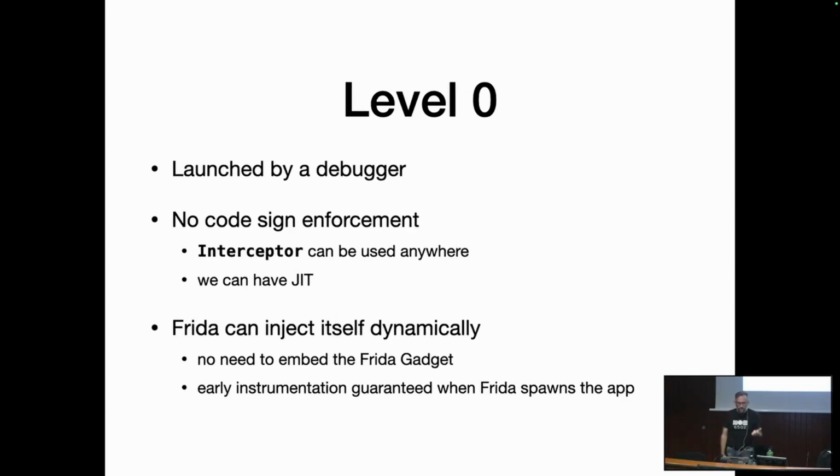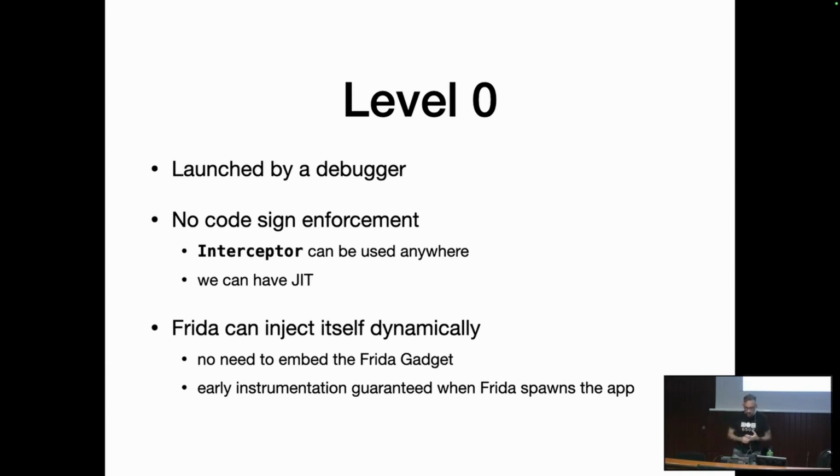So when we launch an app with a debugger, we have no code signing enforcement on iOS, which means that this is much similar to the jailbroken case, in which Interceptor can actually change and create code in memory, and so it can be used extensively.